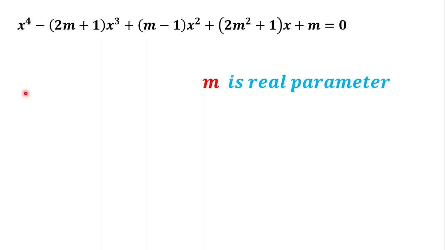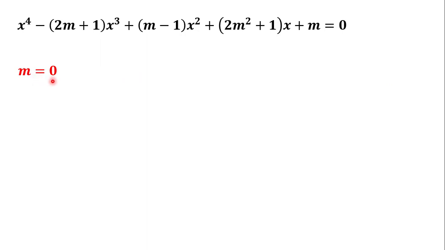In the first step, we want to solve this equation for m equal to 0. If m equals 0, this equation becomes x to the power 4 minus x cubed minus x squared plus x equals 0, and we can factor x out.